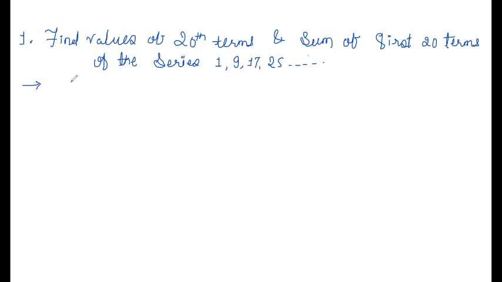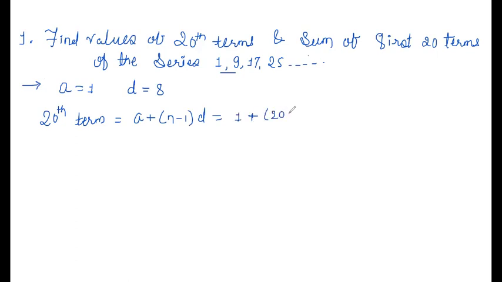Now in this example, the first term a is equal to 1. The difference between two consecutive numbers is 8. Now we are finding the 20th term, which is equal to a plus n minus 1 into d, which is 1 plus 20 minus 1 into 8.